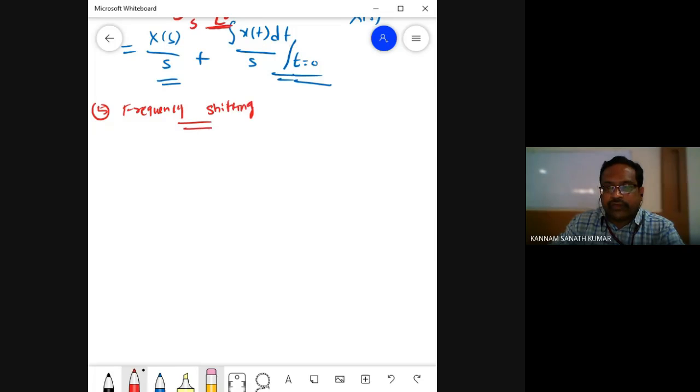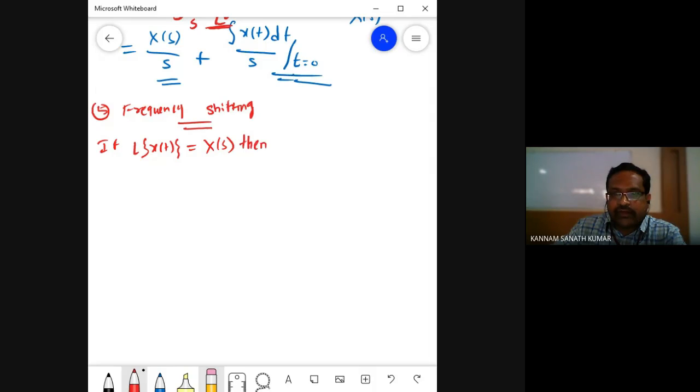If the Laplace transform of x of t equals x of s, then if you multiply with an exponential, that means the Laplace transform of e power plus or minus at into x of t.